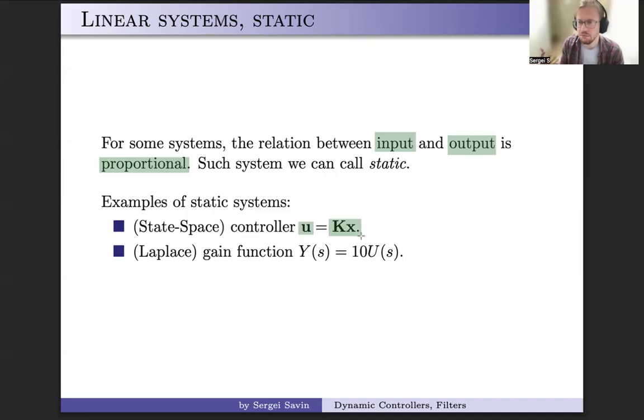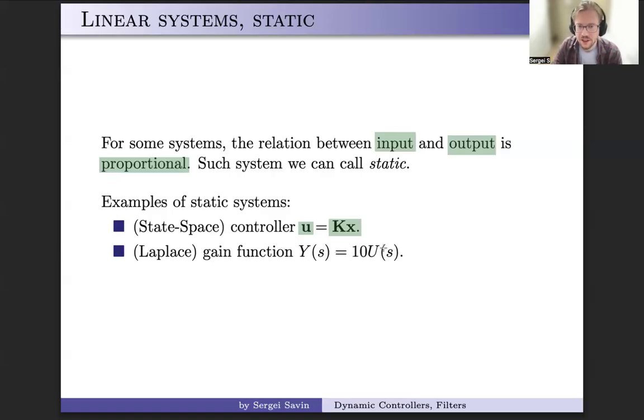There is nothing here that is going to change. There is no evolution, no development. It is static. Throughout the whole functioning of the system, this relation between X and U is going to be exactly the same. It is given by this matrix K. There is no change detectable within the system.